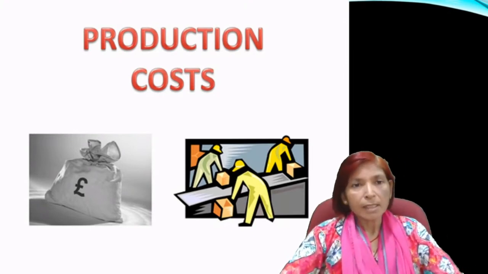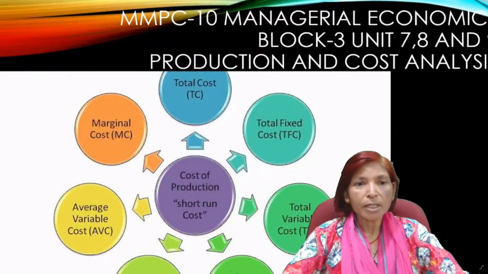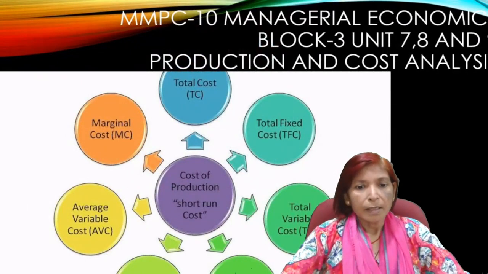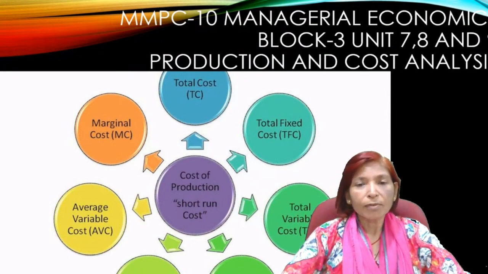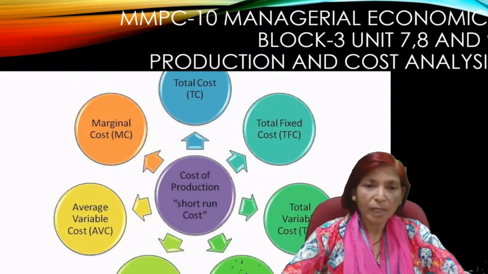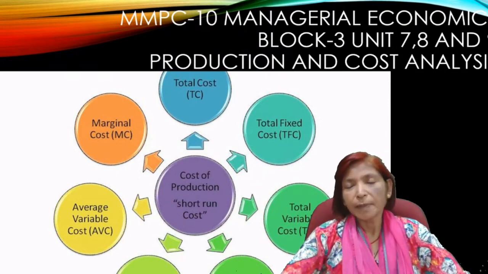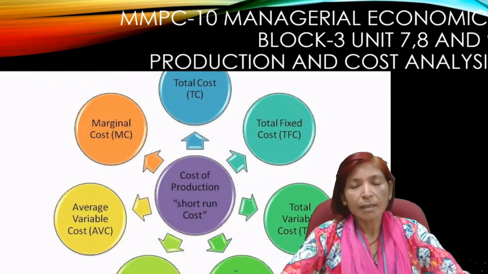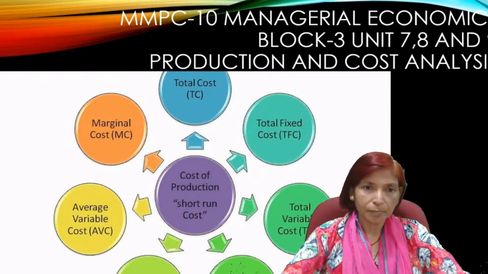So let us start from first topic, production and cost analysis. There are so many types of cost. Do you know what is the meaning of cost? Cost means the money expenses which incurred in the production of goods and services is called cost.